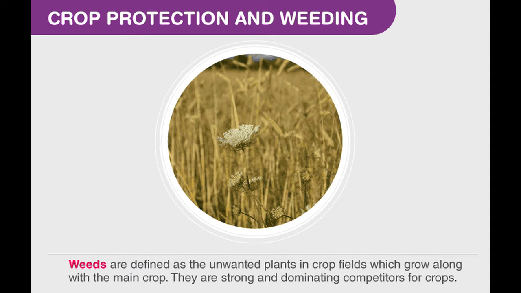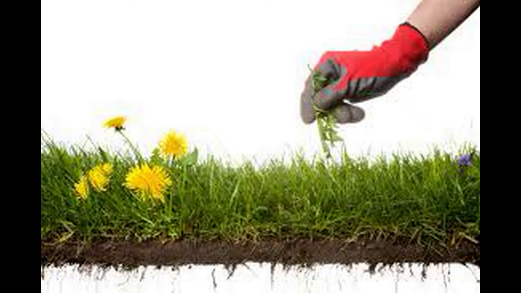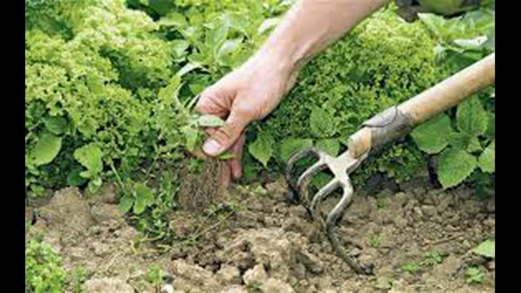So the next step in crop production is crop protection and weeding. So what are weeds? Weeds are the unwanted plants in the crop fields. If weeds are there, they will take all the nutrients that we gave to the crops to grow.